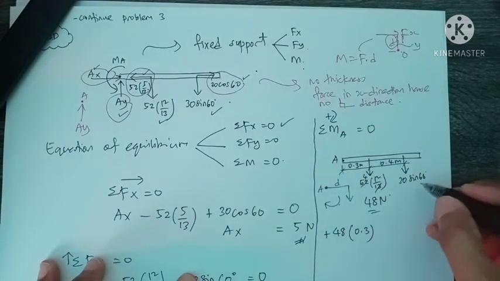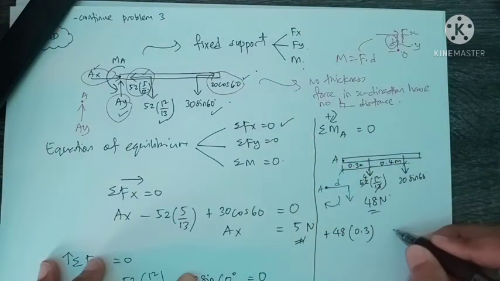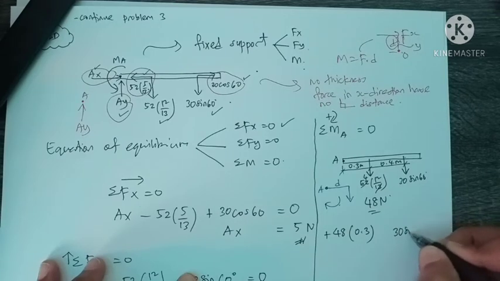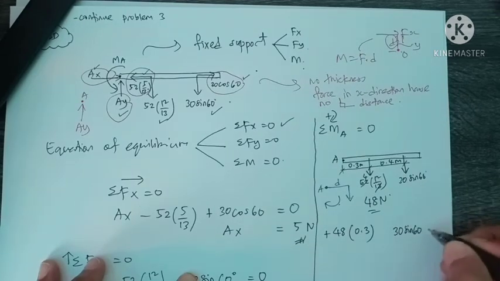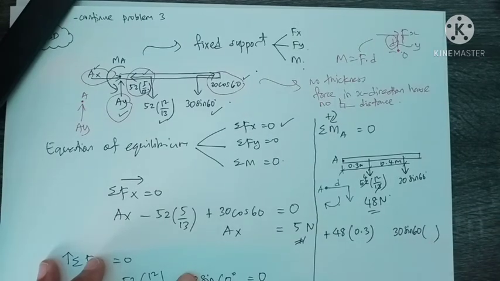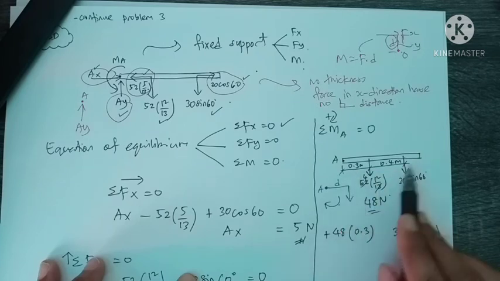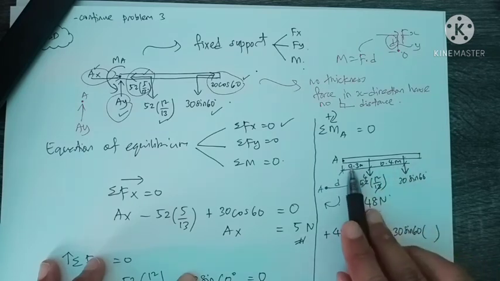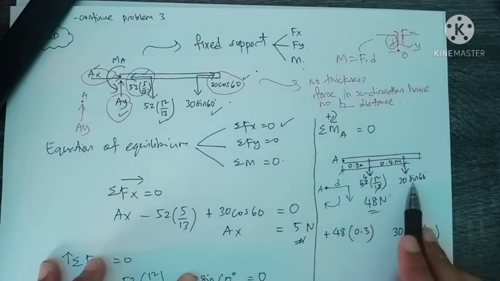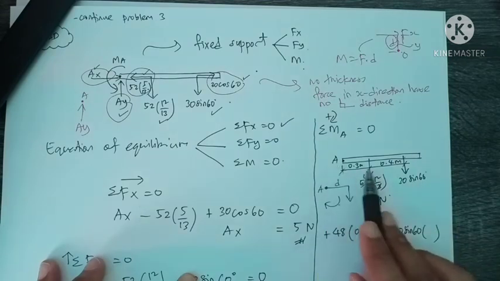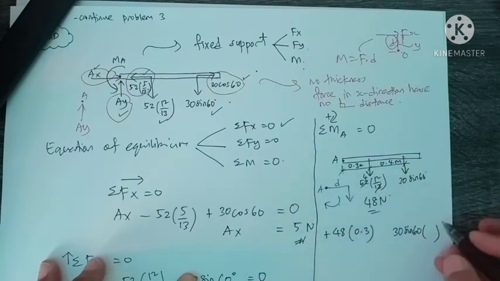Next is 30 sine 60. The force 30 sine 60 must be multiplied with 0.4 plus 0.3. So the perpendicular distance for 30 sine 60 to point A is 0.3 plus 0.4, which is 0.7.